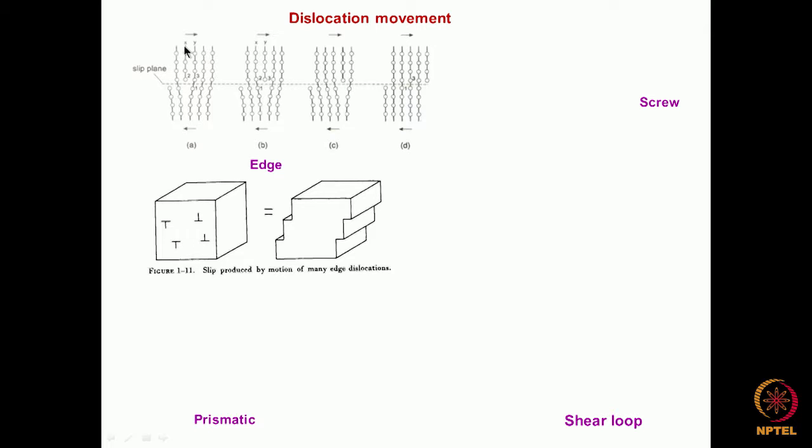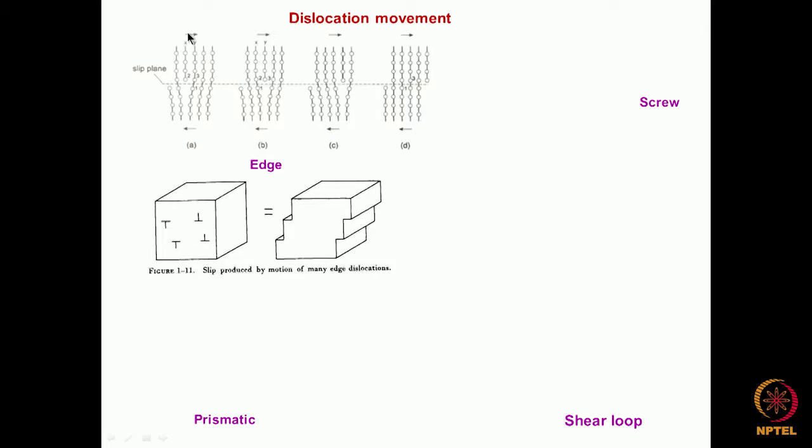The extra half plane is lying above this slip plane, and below this slip plane is the normal lattice. If we look at either region, above the slip plane as well as below the slip plane, the lattice seems to be perfect. The only difference is that between these two layers, one extra half plane has come. This is how we define an edge dislocation.